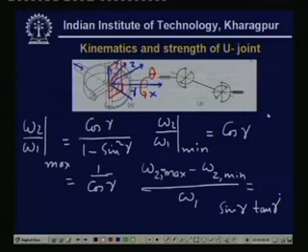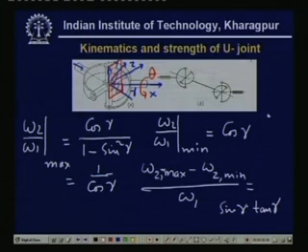So, one thing is clear, that if gamma is 0, then this becomes 0. So, for a perfectly aligned shaft, you get the same speed as that of the driving shaft.